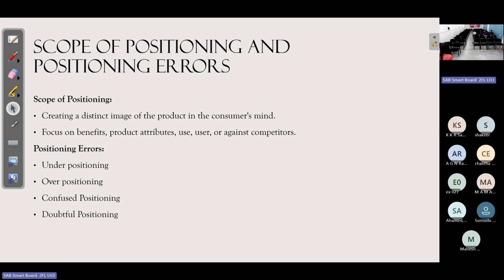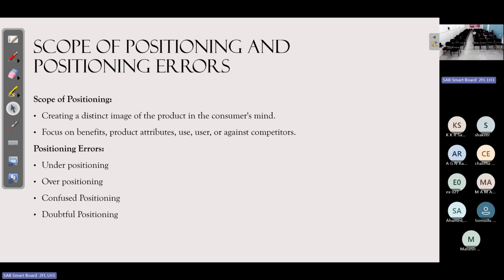Which we cannot believe. If we do marketing or advertisements like that, we call that doubtful positioning. For example, consider cream cosmetics. If the advertisement says that if you use this specific cosmetic product, you can get whitening skin within 1 day, again, that is unrealistic information they are providing. That's what we call doubtful positioning.